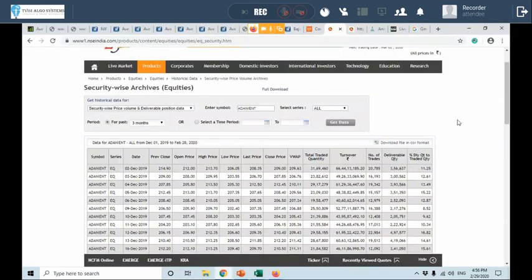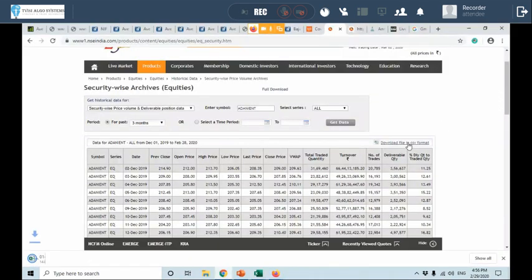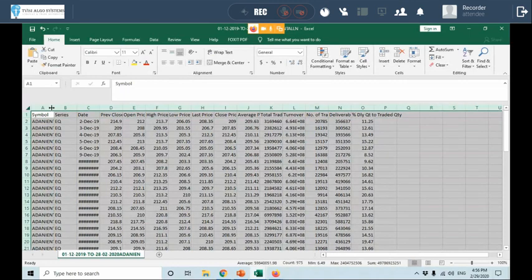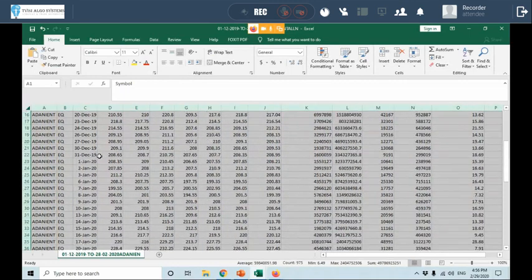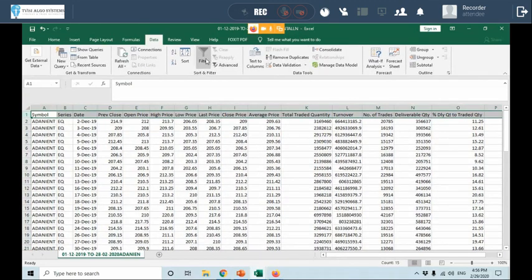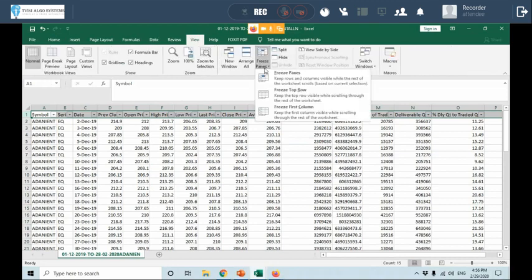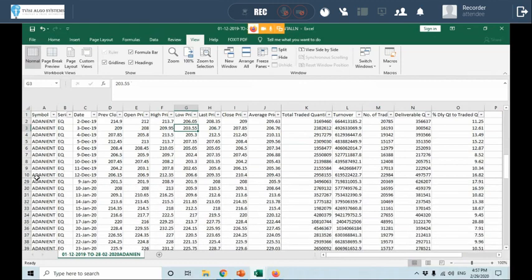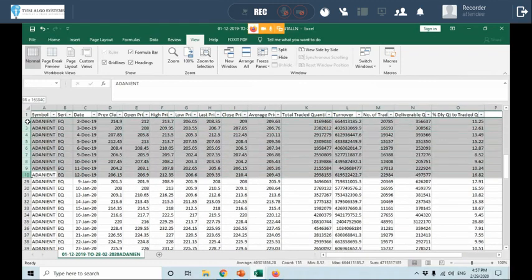Now what I will do is download this file. Okay, so I'll open this file. Now I will do my analysis. Let's hide this.